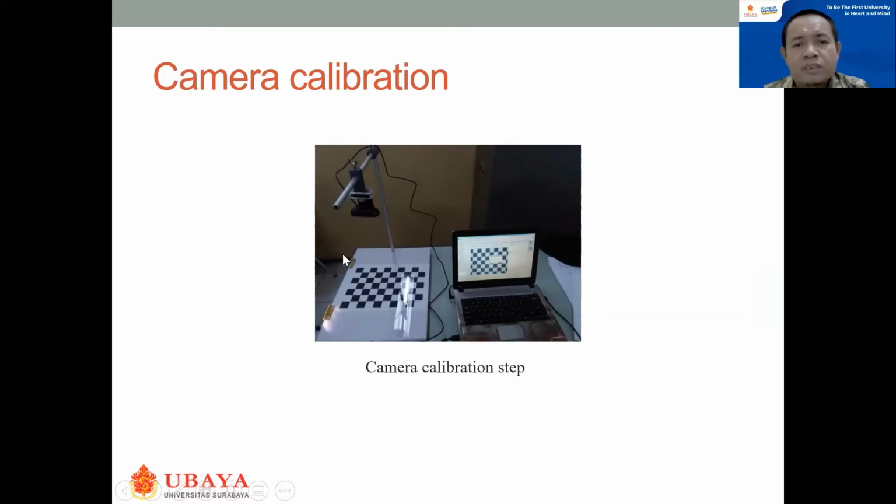So we assume this acrylic board is located at plane z equal to 0 in the real world coordinate. And then we employ Zhang method, implemented in OpenCV, to perform camera calibration process. The result of this process are intrinsic and extrinsic camera parameters.